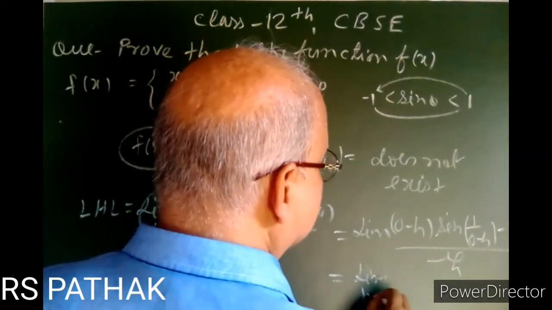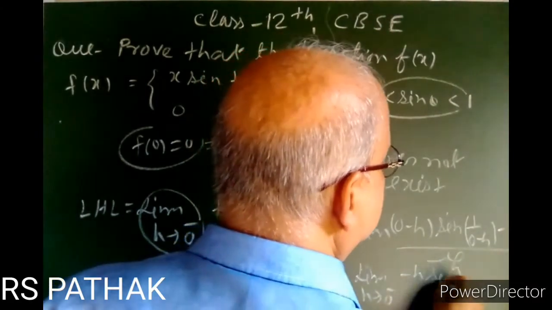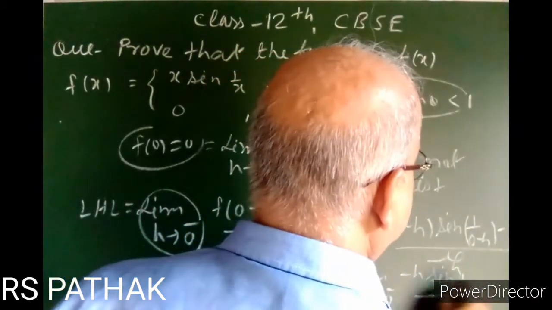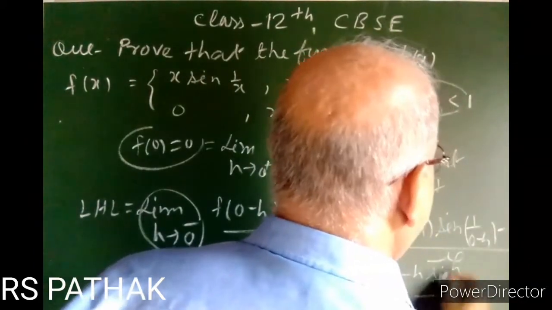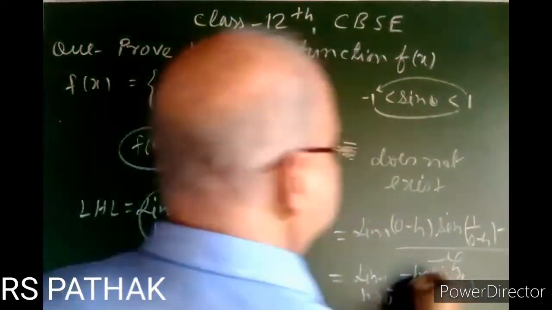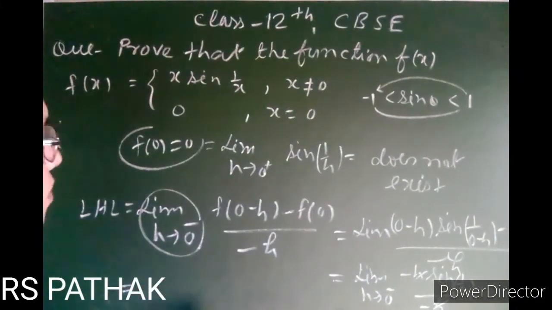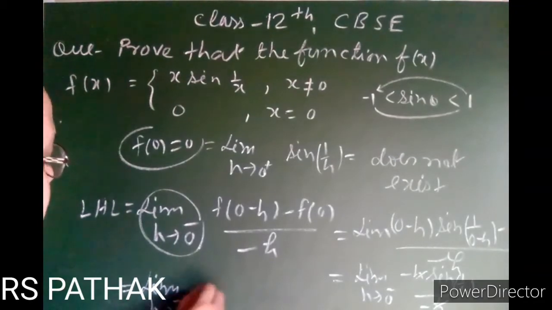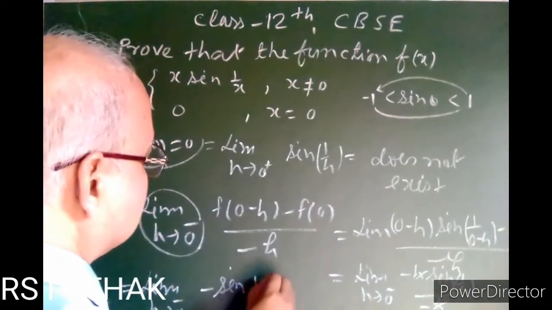Limit h tends to 0 of minus h sin(1/(-h)) upon minus h. Minus h is cancelled. The answer will be limit h tends to 0 of minus sin(1/h).